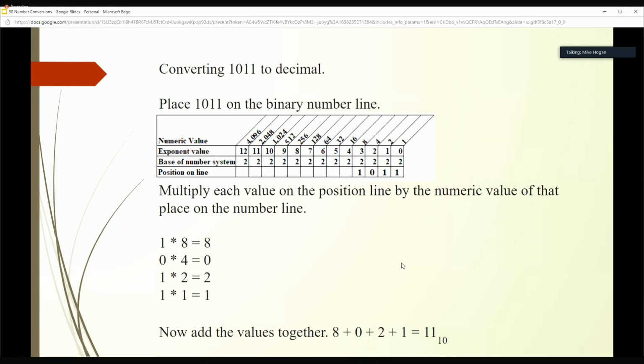And so the 1011 in binary is the decimal number 11. Everybody see that? I'm just looking at the weighted columns and adding up where I've got my ones.